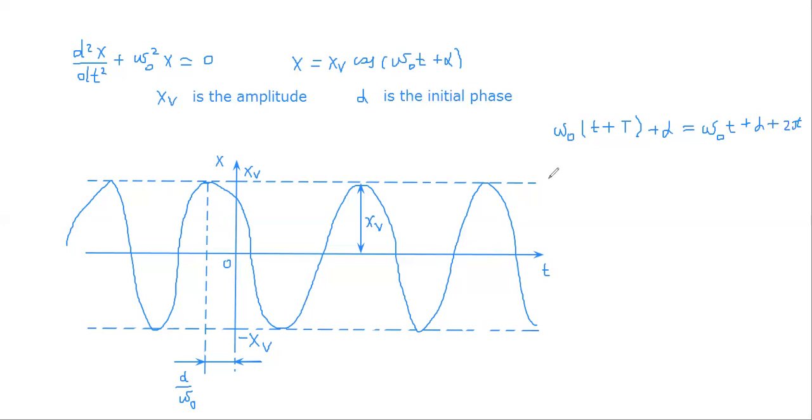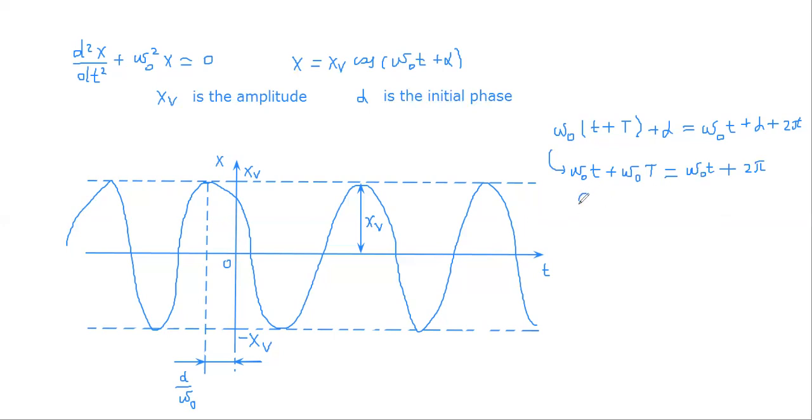And from here we have omega 0 t plus omega 0 T is equal to omega 0 t plus 2π.